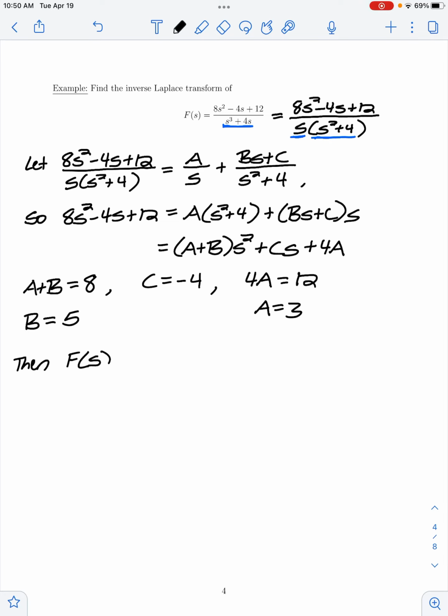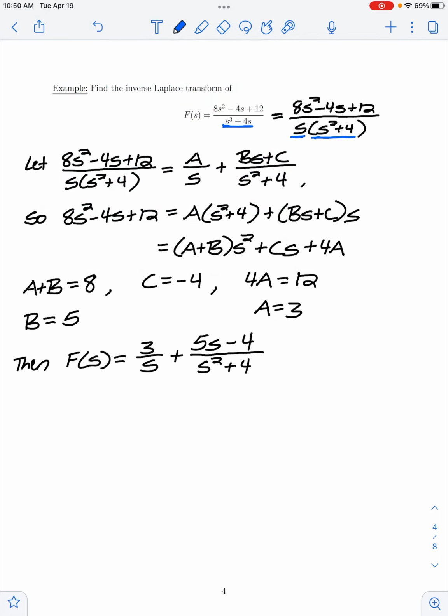So we find that capital F of s, our given function, has a decomposition of the form A, which was 3, over s, plus B, which is 5, times s, plus C, which was negative 4, all over s squared plus 4.